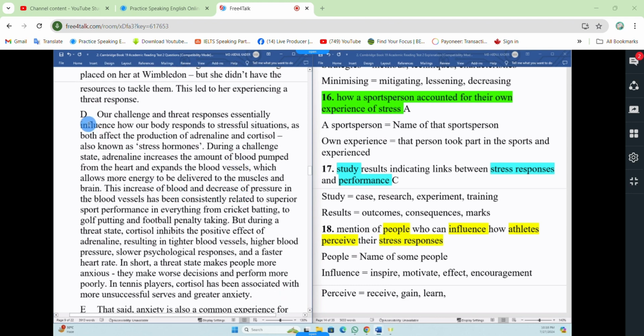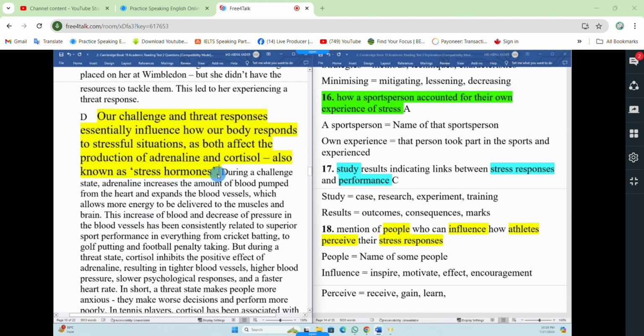Okay. So paragraph number D. Our challenge and threat responses essentially influence how our body responds to stressful situations, as both affect the production of adrenaline and cortisol, also known as stress hormones. Yes, so from this line, I hope we'll have one answer.